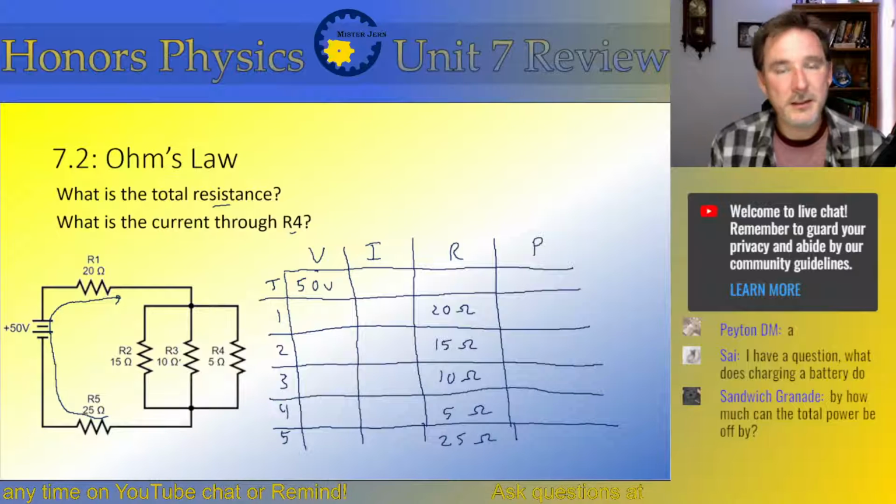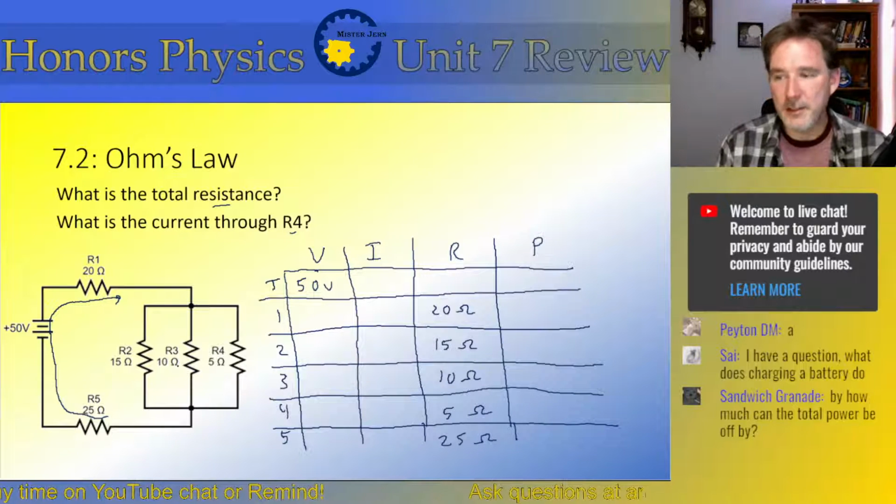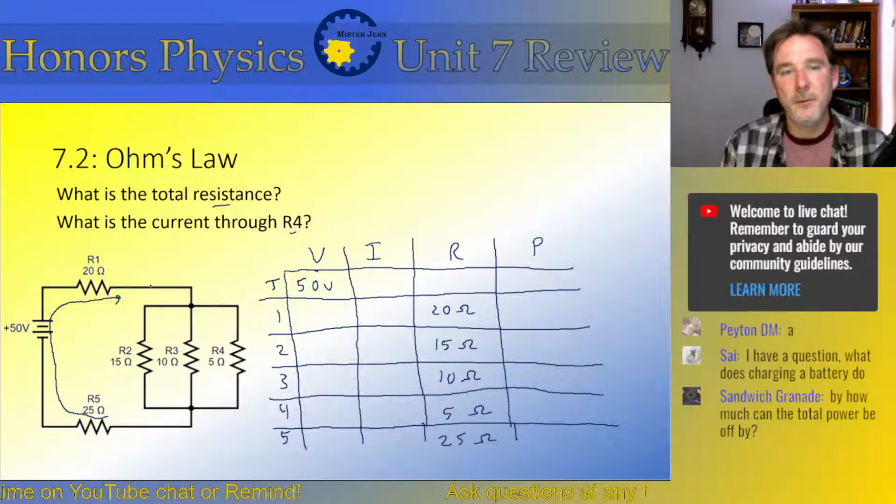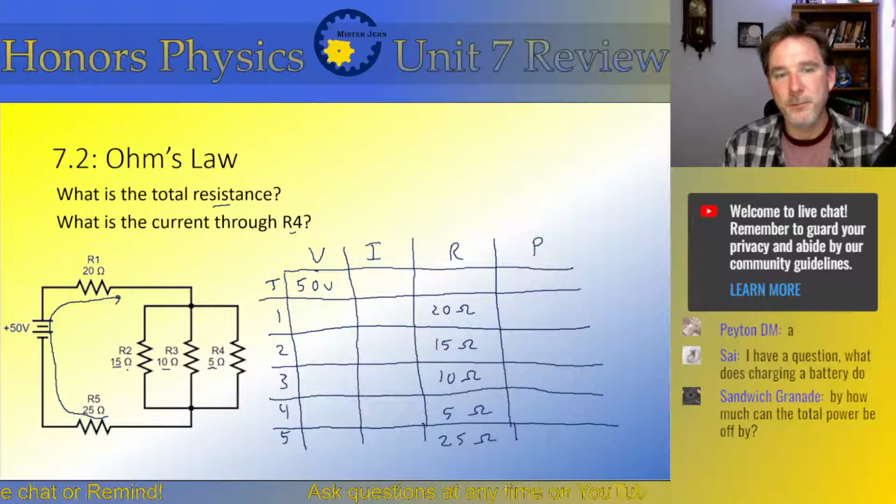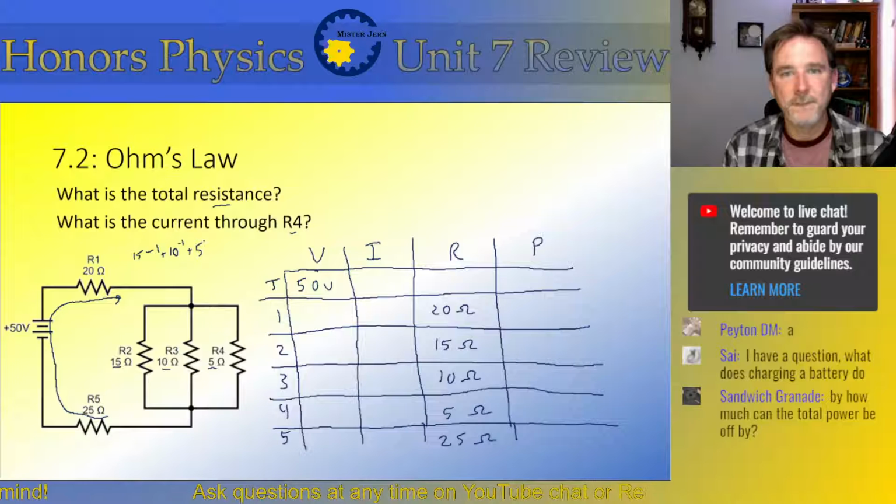So like I said in class, work your way from the inside out. We've got this circuit that's trying to be a series, but inside of it, we've got this parallel circuit. These things wired in parallel. So I'm going to take the inverse, 15, 10, and 5, because they're wired in parallel. I'll write this down, I guess. 15 to the negative 1 plus 10 to the negative 1 plus 5 inverse, okay?